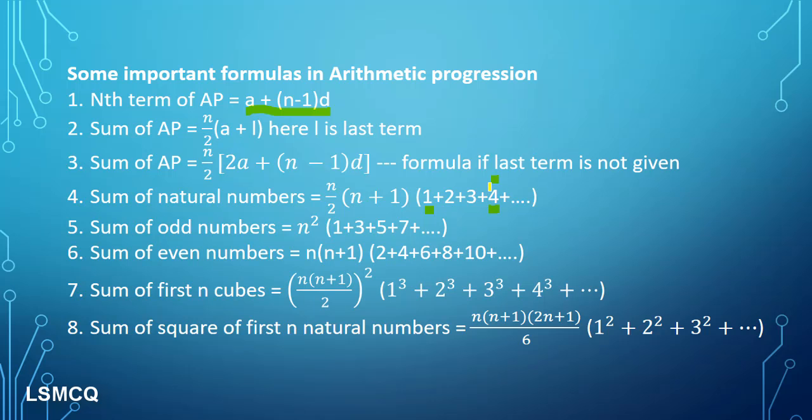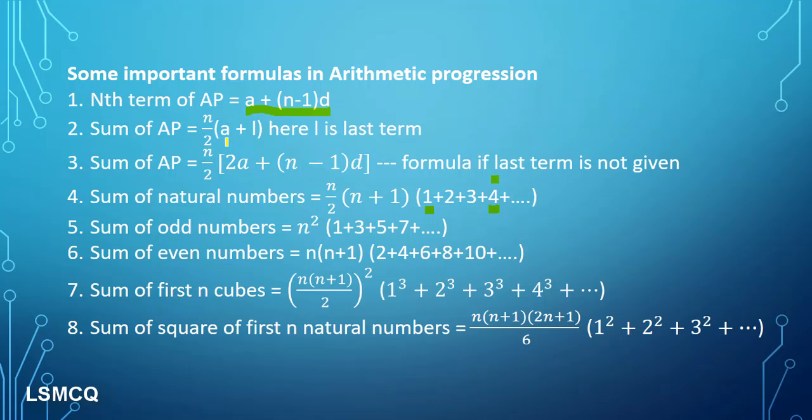Please don't get confused between the last term and the last number. The last term in our example is 4, and the last number happens to be 4. It can be anything else, but it happens to be 4 in this example, so don't get confused about this.